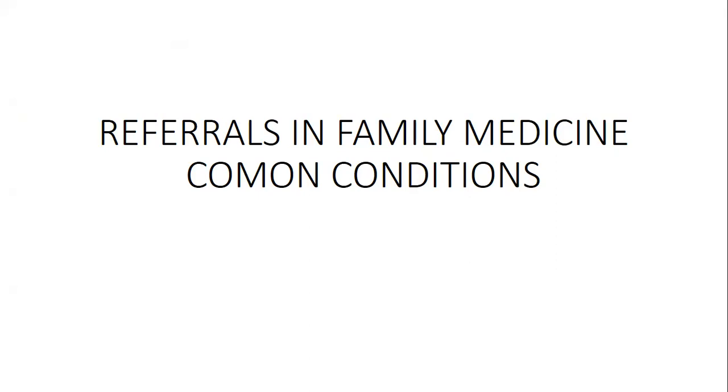So for instance, if you say cough, what could be the referral criteria for evaluating a patient with cough? Or I can say, the danger signs of the cough, because whenever there is a danger sign, you think there is a problem and you need some specialty input. So what is the danger sign in the cough?